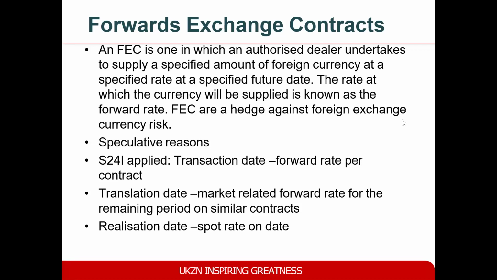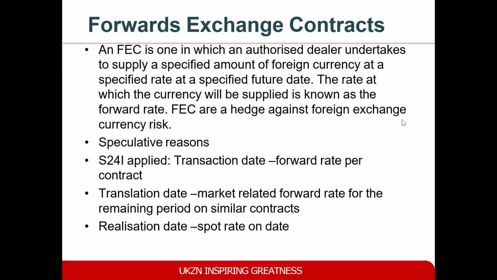So it means now, guys, things are becoming more complicated. You know what I mean? You've got your item here. You still have to account for your forex losses or gains. But now you have an additional contract relating to this forward exchange contract that you also have to account for, but you are just hedging the risk. On the realization date, you use the spot rate. Now, guys, this is very important.